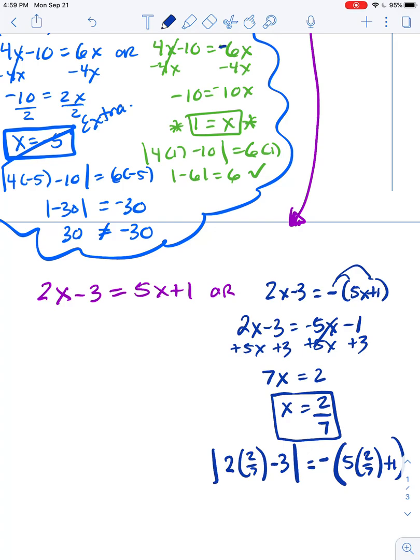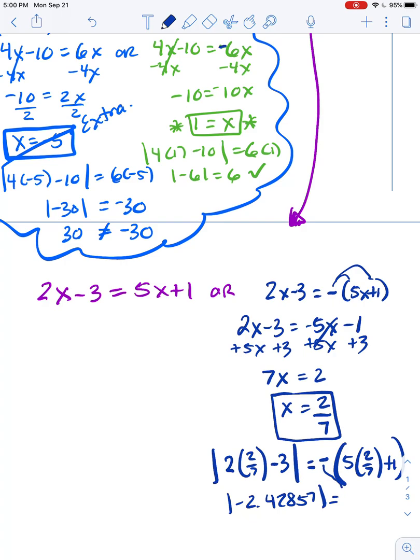So if I did 2 times 2 over 7, and you have to be careful with your negatives, minus 3, I get like negative 2.42857 and so on. All right, over here, if I do 5 times my fraction 2/7 plus 1, I get 2.4.